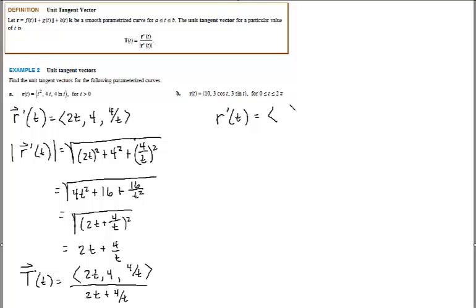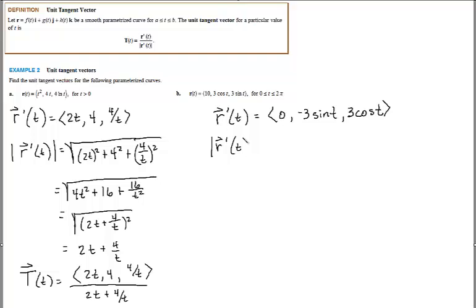Next I'm going to get 0, negative 3 sine t for my derivative, and then just 3 cosine t. Gotta find the magnitude.